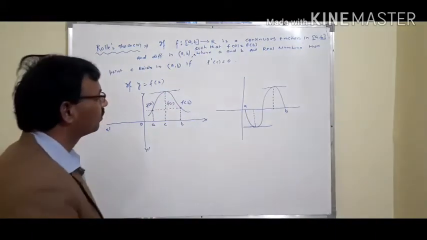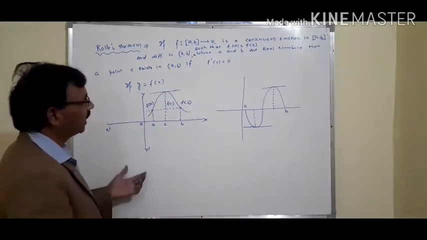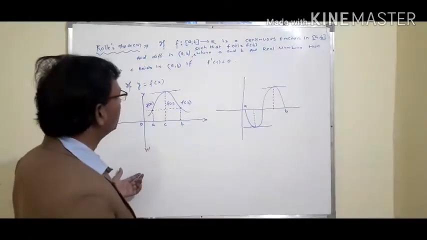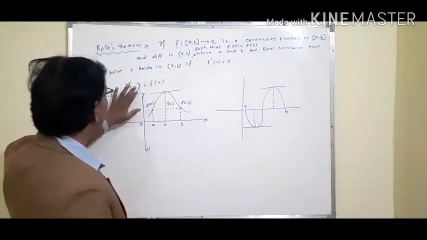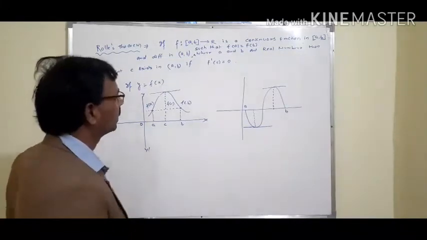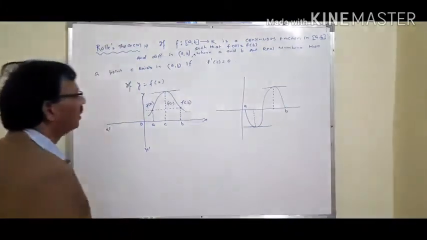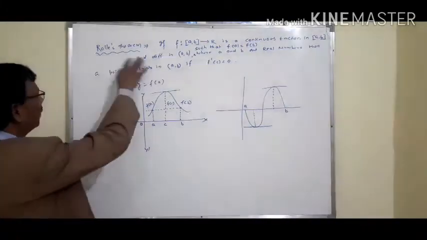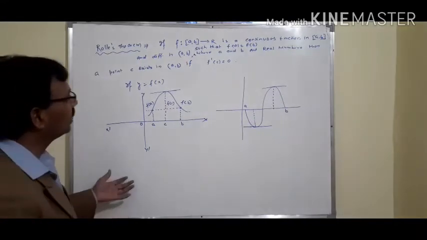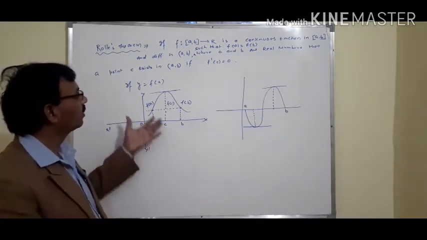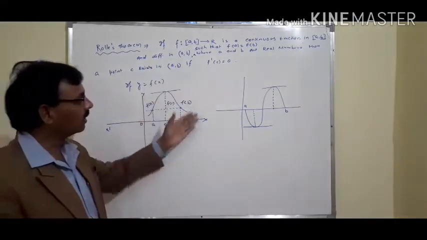If slope of tangents is 0, that means derivative of y equal to f of x is 0. This is known as Rolle's theorem. There is no need to prove this concept.